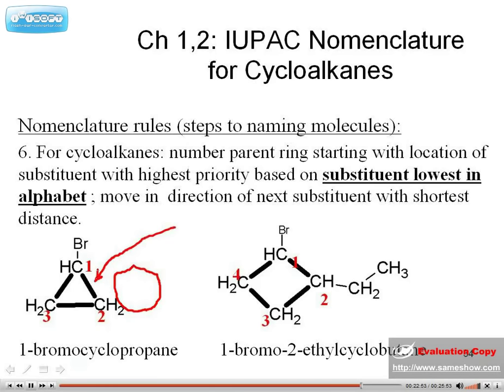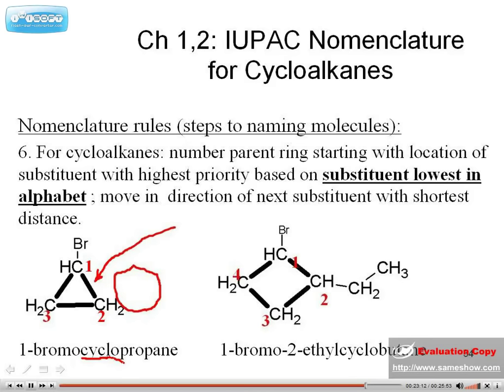Other ones are square shaped. Realistically, the shapes are more three-dimensional as they tend to twist and contort. But I'll use the term cyclic. If they're cyclic, you name it with the number of carbons with the word cyclo in front. So I'm underlining cyclo in front.